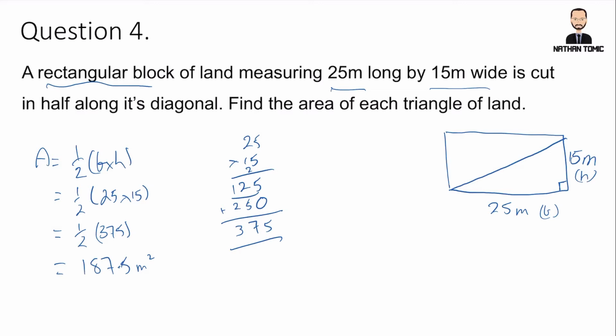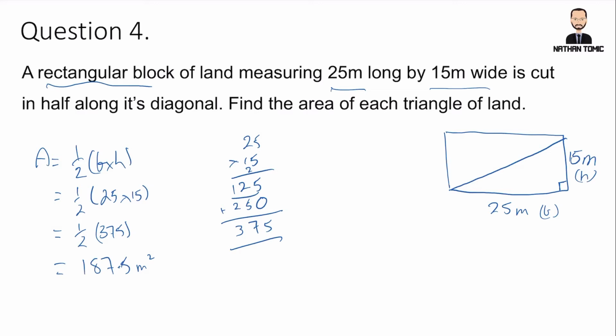Now, that's all well and good, and that's probably the best option for this question because we are doing areas of a triangle. But can you see another way to do this? Well, we've got a rectangular piece of land that's been cut in half, right?